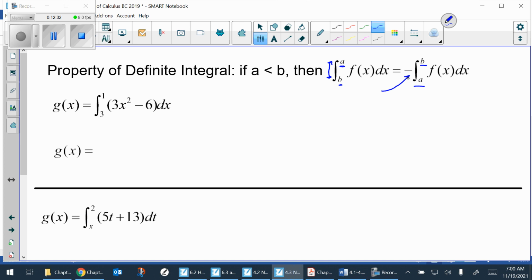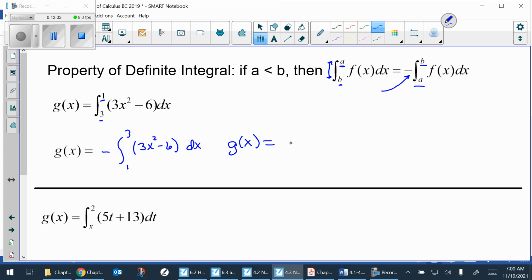So here, I would say that since the small number is the upper limit and the bigger number is lower, g of x is actually going to be equal to the opposite of this. We're going to go from 1 to 3, and we're going to have 3x squared minus 6. Now, if we were actually to figure out what g of x is, we don't ask for the derivative in this case, that's fine.